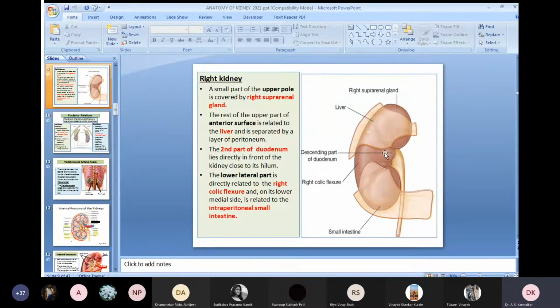It is the second part of the duodenum, which is related to the medial border of the kidney, and the lower part is related to the small intestine. So in all, on the anterior aspect of the right kidney, there is the right suprarenal gland, liver, descending part of the duodenum, right colic flexure, and the small intestine. So coils of the small intestine, that is jejunum and the ileum.